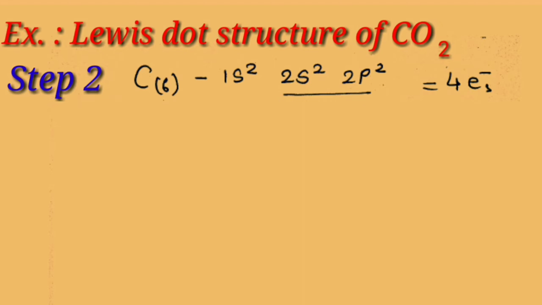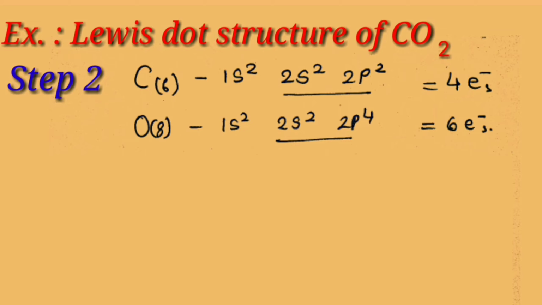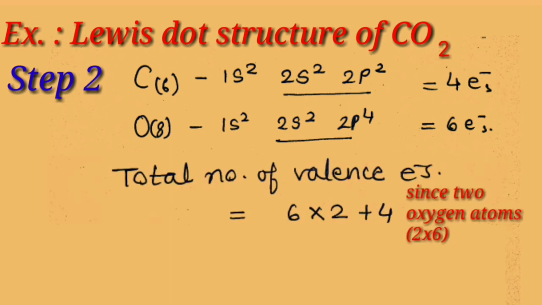On the other hand, oxygen's atomic number is 8. Its electronic configuration is 1s2, 2s2, 2p4. So we can say that oxygen has 6 valence electrons. So the total number of valence electrons is 6 multiplied by 2 plus 4, that is 16 electrons.